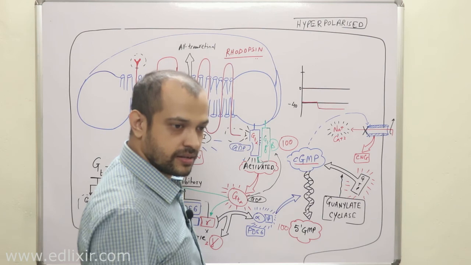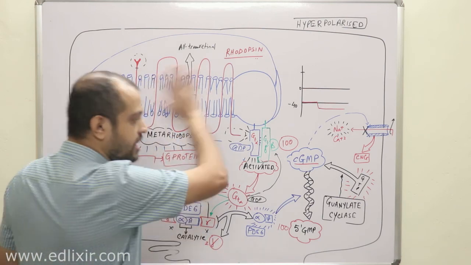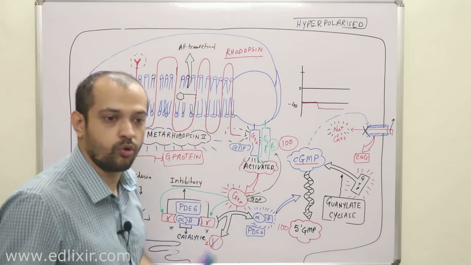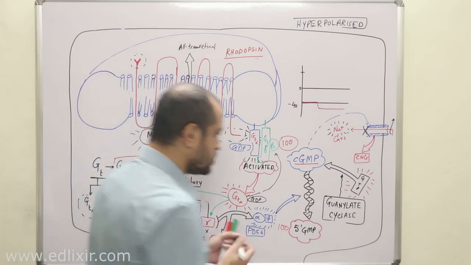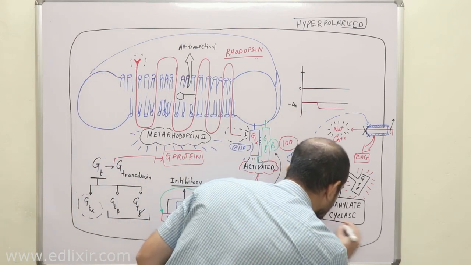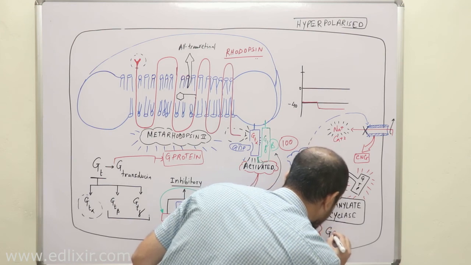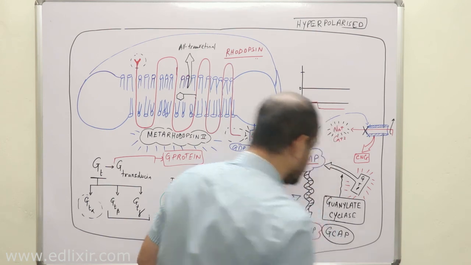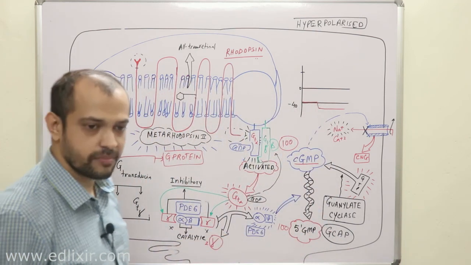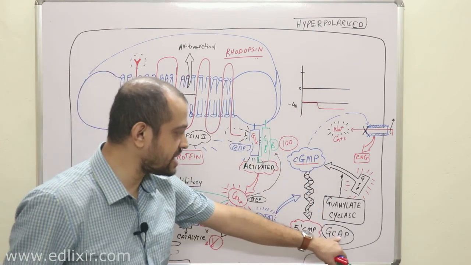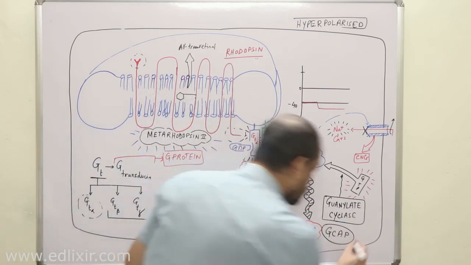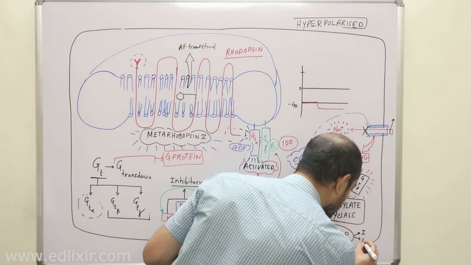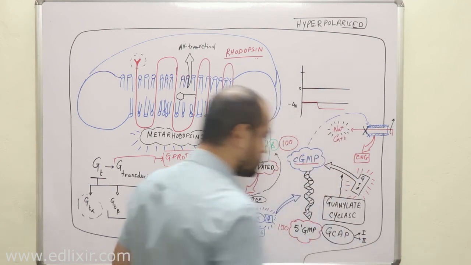Now listen, when there is no light, guanylate cyclase is activated more. Actually guanylate cyclase is controlled by another protein, that is GCAP. Now what is GCAP? Guanylate cyclase activating protein. There are two isoforms of this protein: guanylate cyclase activating protein 1 and guanylate cyclase activating protein 2.